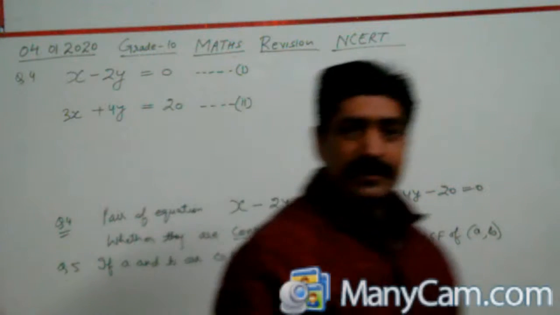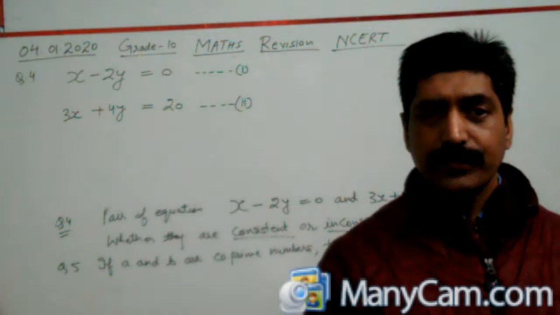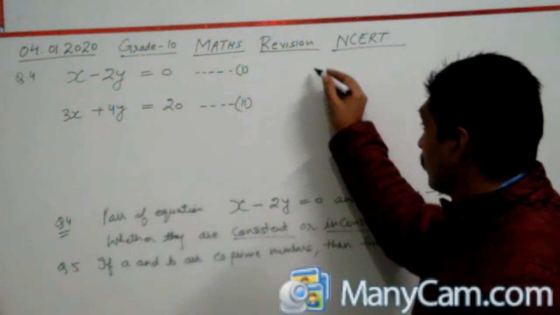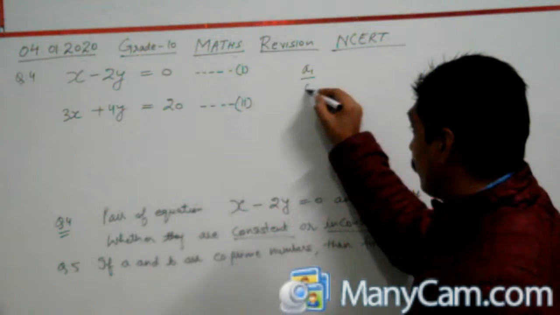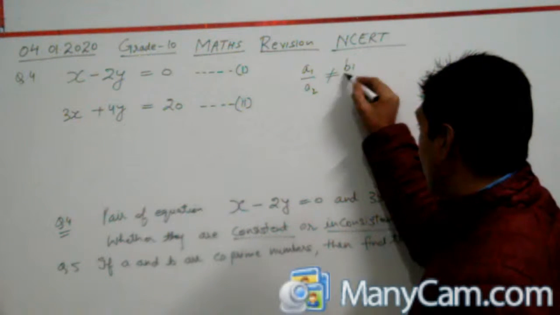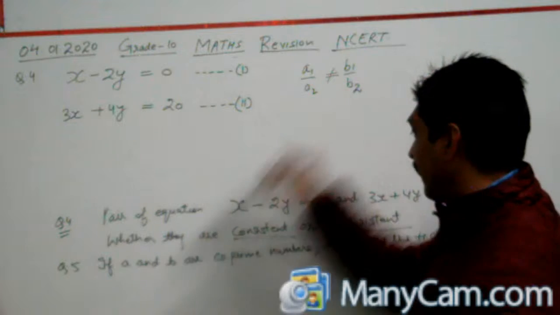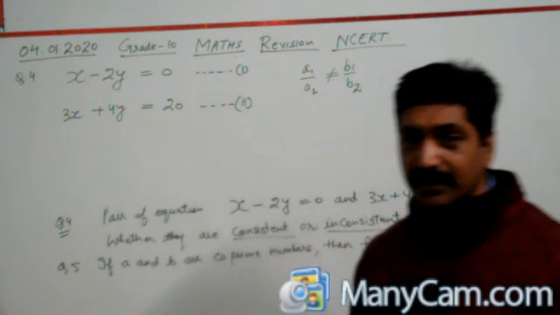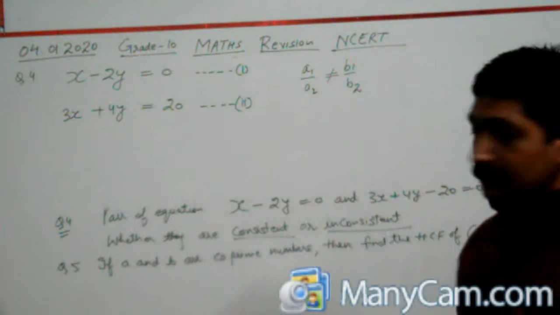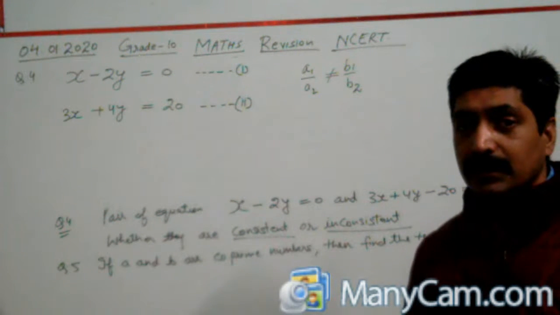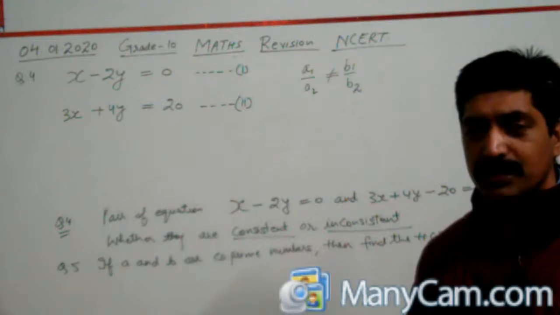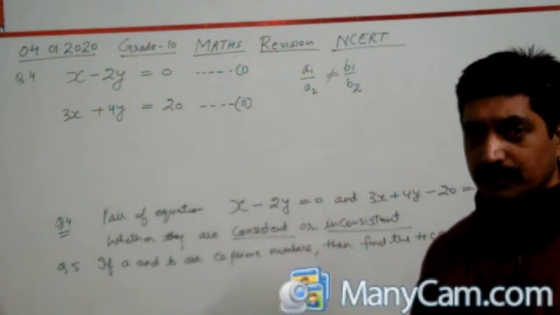So we have three things. First, if a1 upon a2 is not equal to b1 upon b2, in that case the pair of equations is consistent, because if this condition holds, then we have the unique solution. The pair of linear equations has the unique solution.